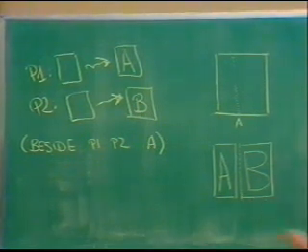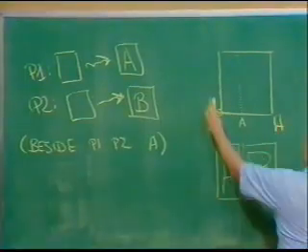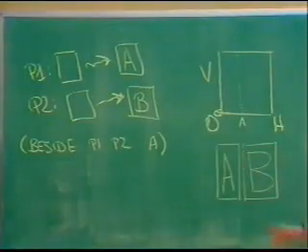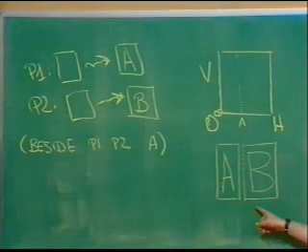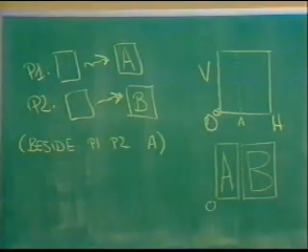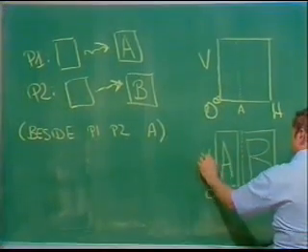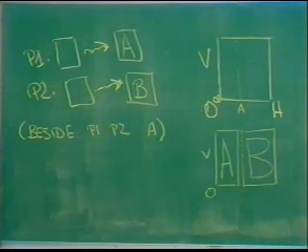The only computation it has to do is figure out what these rectangles are. Remember, a rectangle is specified by an origin and a horizontal vector and a vertical vector, so it's got to figure out what these things are. For the first rectangle, the origin is the origin of the original rectangle. The vertical vector is the same as the vertical vector of the original rectangle.